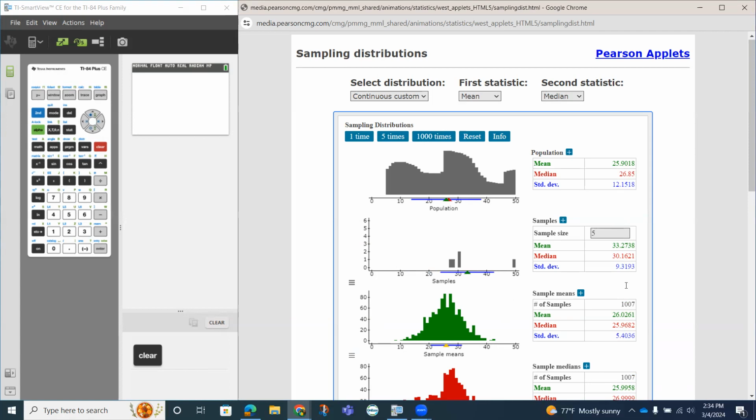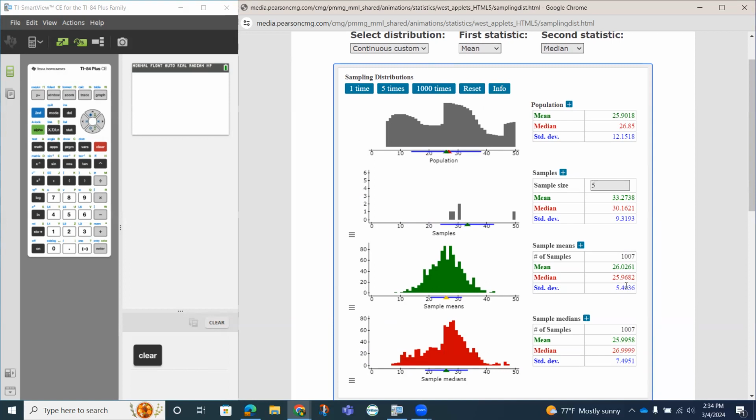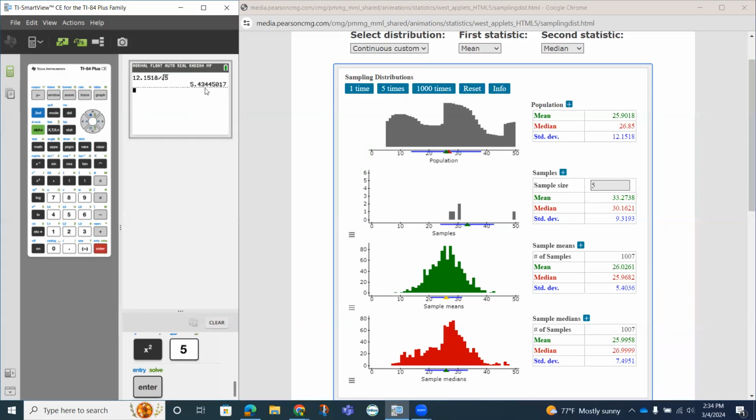If I look at my sample means, notice how our sample mean is close to the population mean. If I look at our standard deviation, the formula for the central limit theorem is: if I have the known standard deviation, which we have, 12.1518, and I divide that by the square root of the sample size, so the square root of 5, it gives me a standard deviation of 5.434.